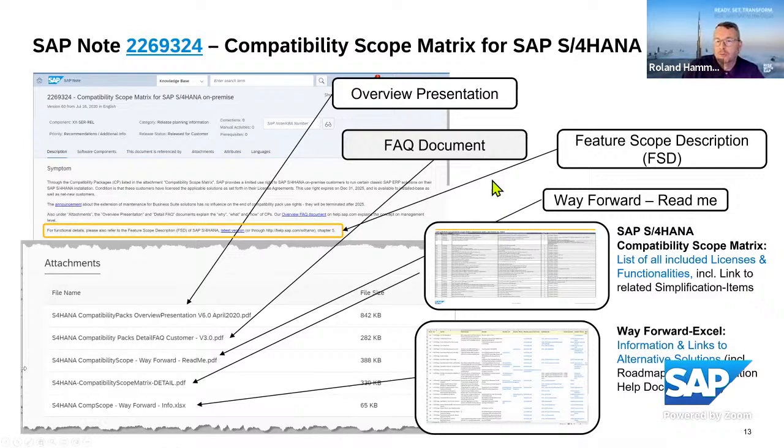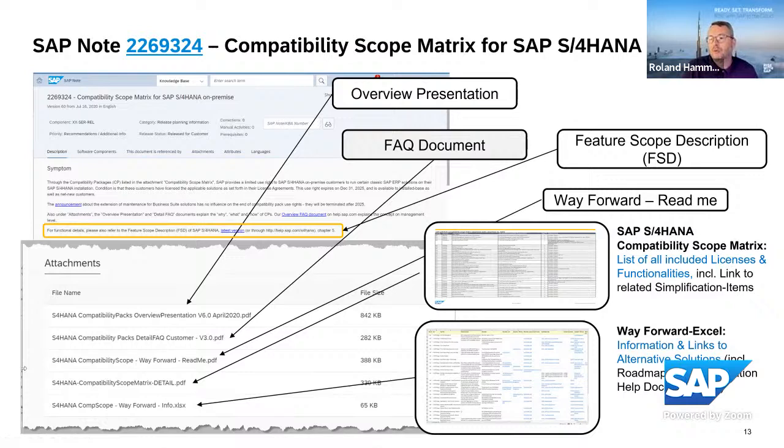There are some which have an explanatory nature. That means there's an overview presentation, also explaining the whole concept of compatibility scope items and actually how you can find this. There's an FAQ document covering the most common questions we usually receive when it comes actually to compatibility scope and managing it. And there are two important documents, the so-called SAP S/4HANA compatibility scope matrix. This is what Michael was already explaining.